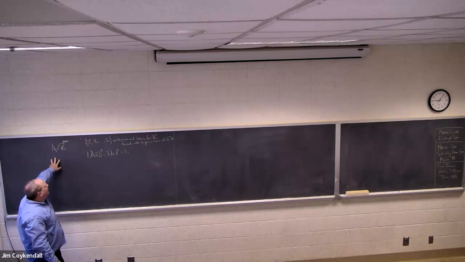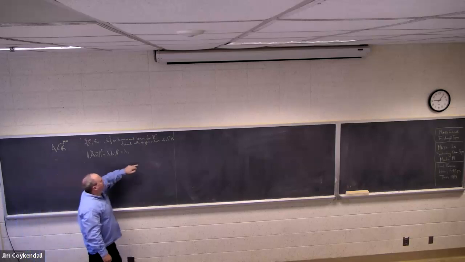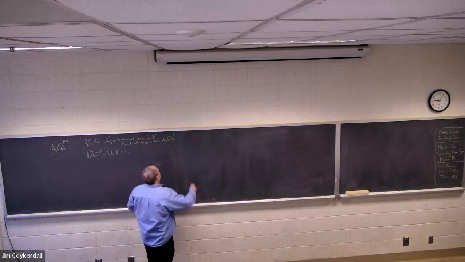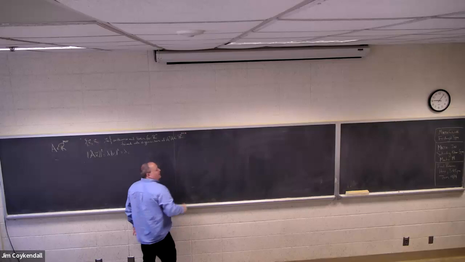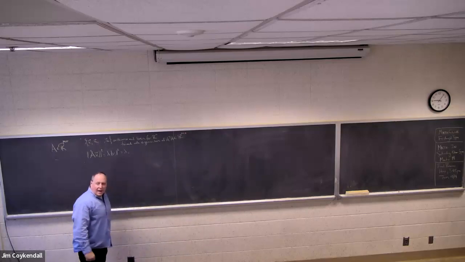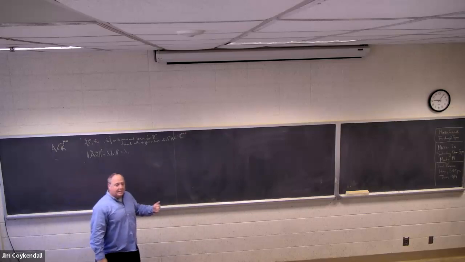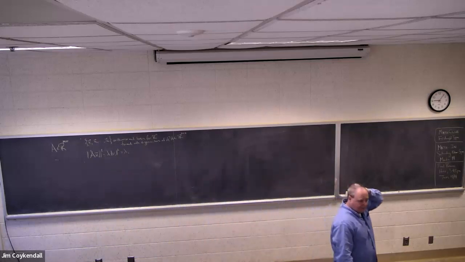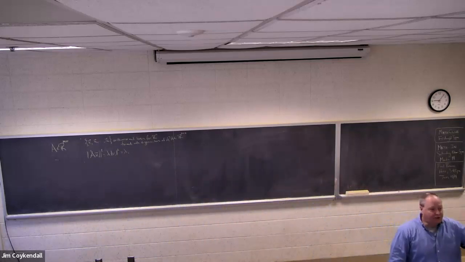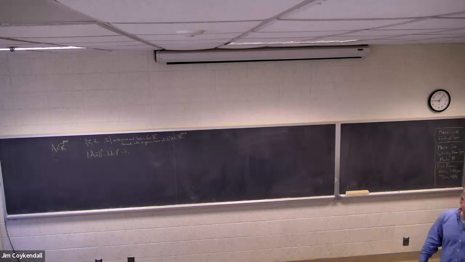What we noticed is that A transpose A, when you multiply A transpose times A, is an N by N matrix. And not only is it an N by N matrix, what other nice property does it have? It's symmetric, so it's got all real eigenvalues.